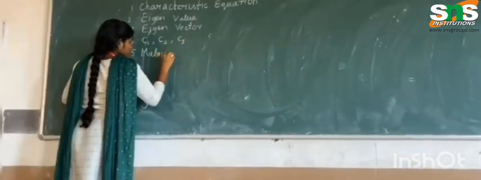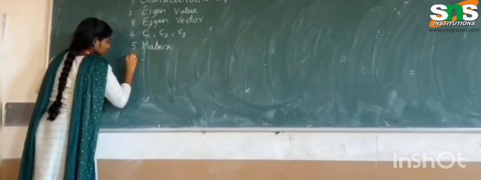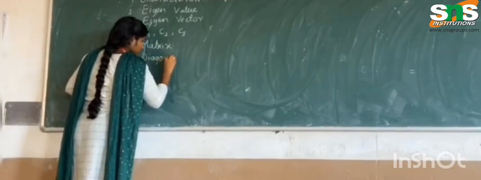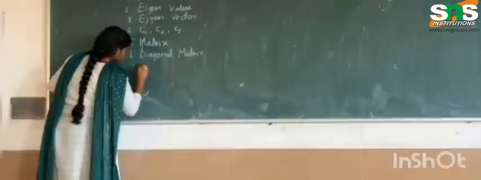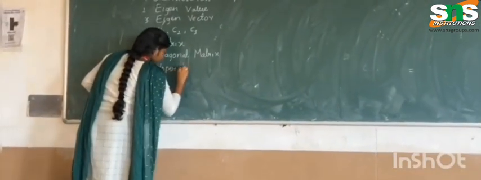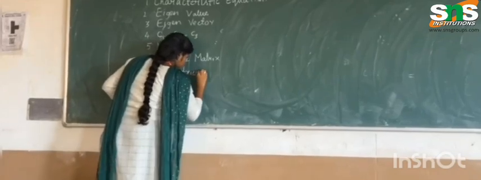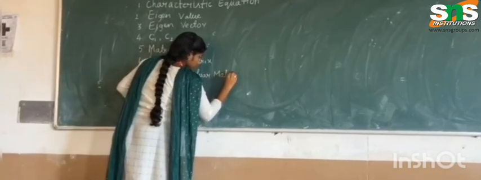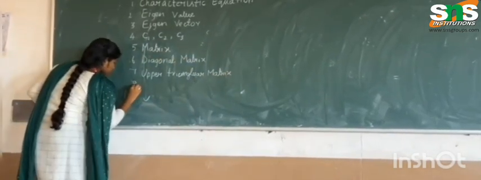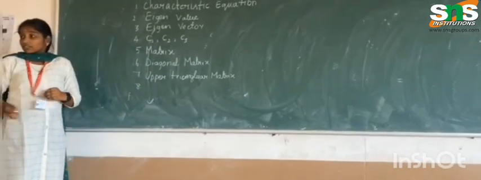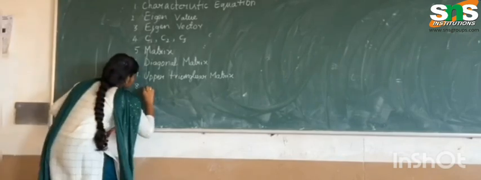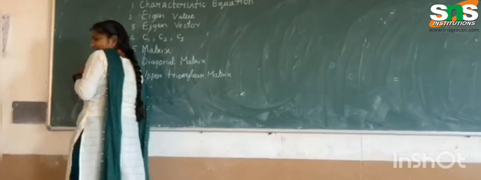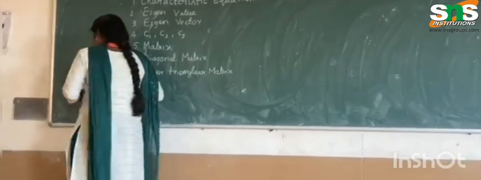Next, what are the words you know in the first unit? Diagonal matrix. Upper triangle matrix, and then determinant of A. Symmetric matrix.